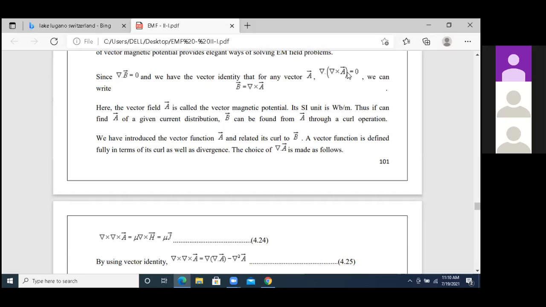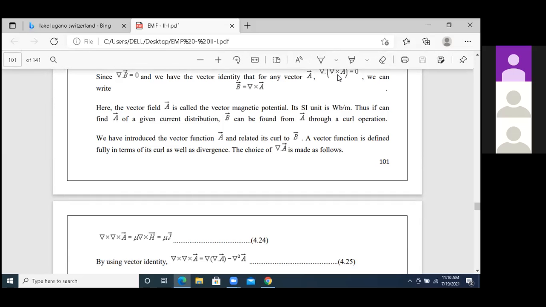Using this identity for the vector, we can write this equals 0.